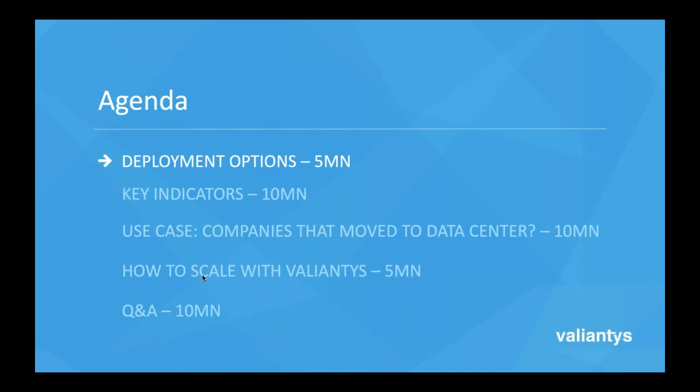Then we have two use cases from two clients that reached us to help with these processes. And then, quickly, how we can help you to scale to Data Center. At the end, we'll have some time for a Q&A session.